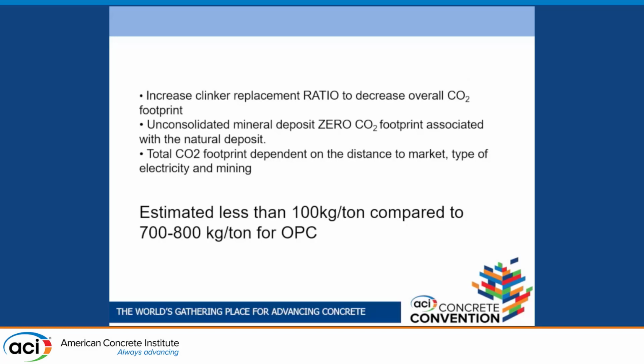So increase the clinker replacement ratio, increase the overall CO2. And the mineral deposit, its initial CO2 footprint is zero. There is some cost in getting it to market and grinding it, but estimated to be less than $100 a ton, compared to 700 to 800 for OPC.